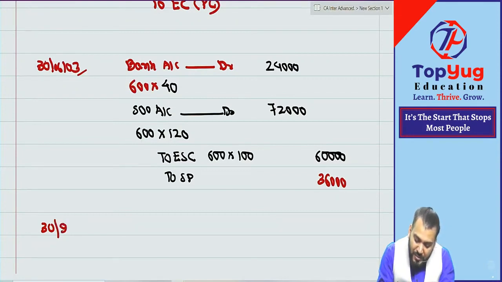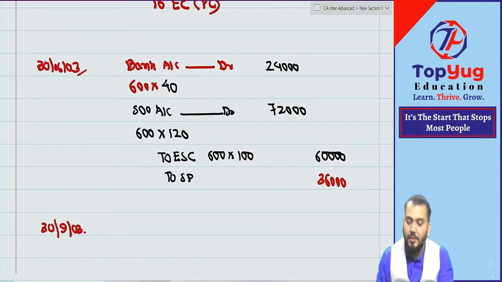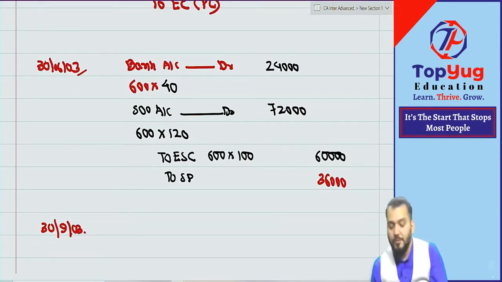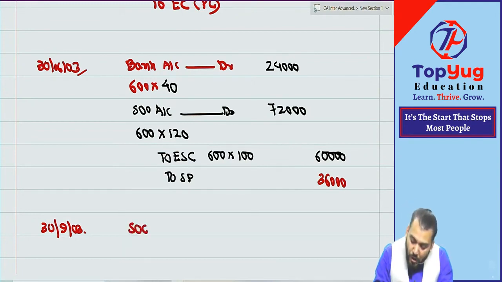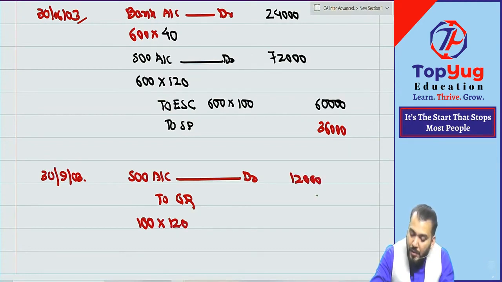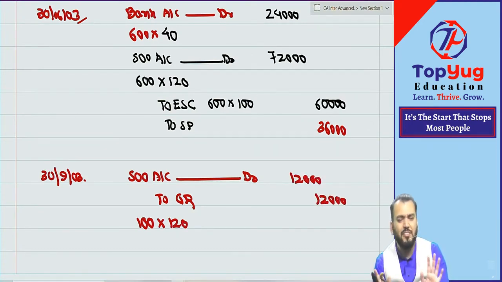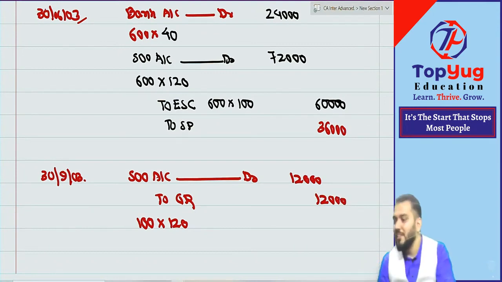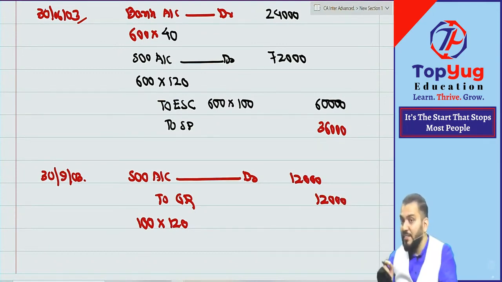And last day is 30th September 2003. What journal entry? Stock option outstanding account debit to what? General reserve. How many options? 100 options. 100 into what? 120. That is equal to 12,000. Narration is must. In class, we'll try to avoid narration. In exam, narration is must.